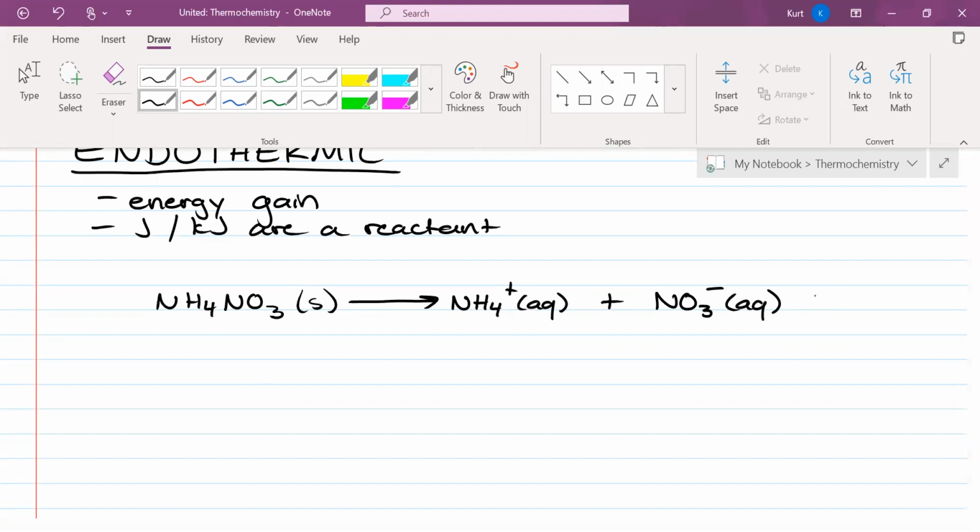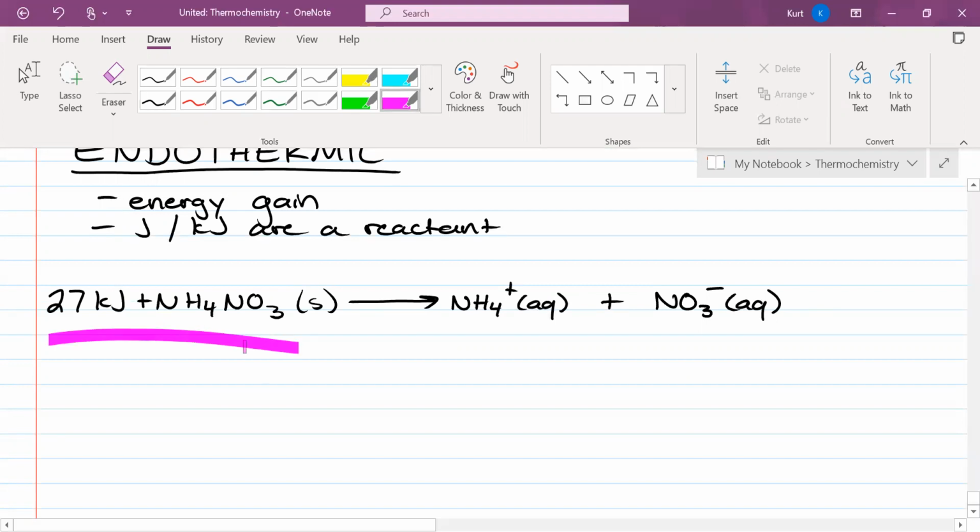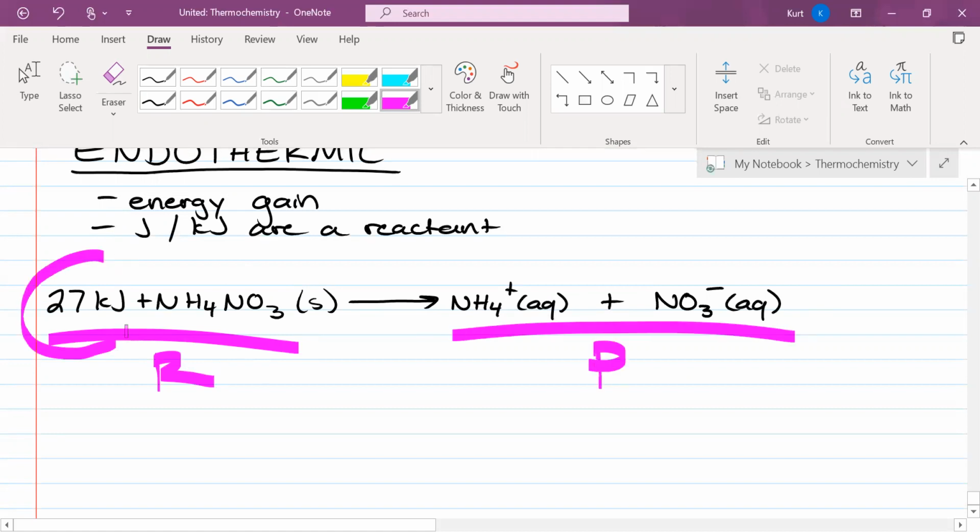Would I put kilojoules as a reactant or as a product? Reactant. Right, so I could put them right here. So here's my reactants. Here's my products. The fact that kilojoules is a reactant indicates that this is an endothermic reaction.